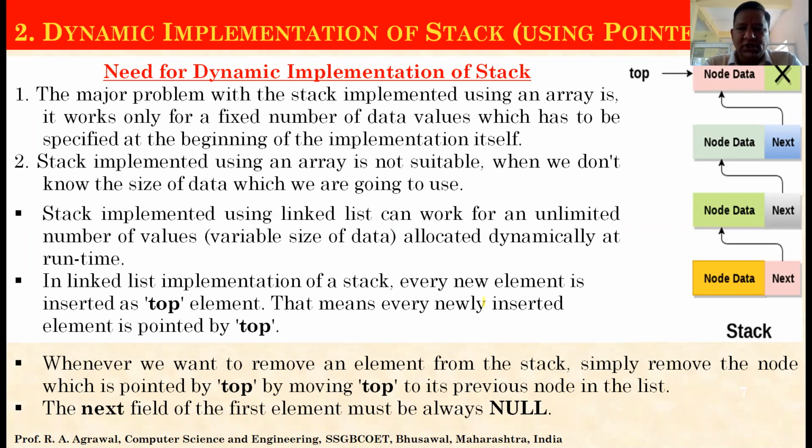Stack implemented using an array is not suitable when we don't know the size of the data. Suppose you are implementing a real-time system in which you don't know the size of the data, or the total number of elements you will use. How can we assign memory for that? We ourselves don't know what the memory will be, so at that time it becomes very difficult to implement a stack using an array.